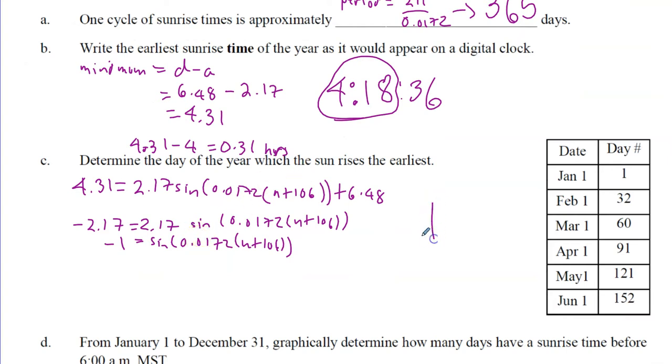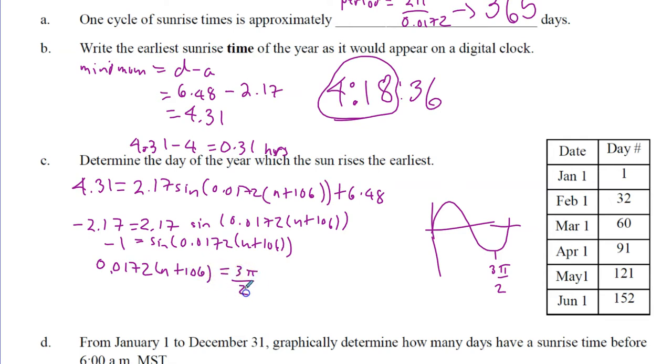So when is sine negative 1? Let's think about that. Right, that's 3 pi over 2. So 0.0172 times n plus 106 is going to have to be 3 pi divided by 2.